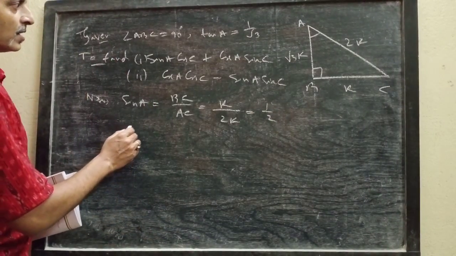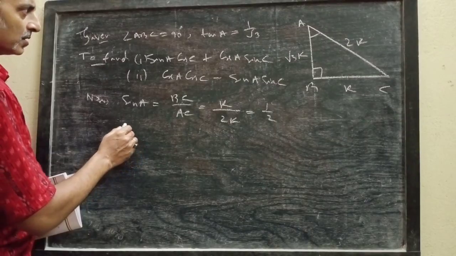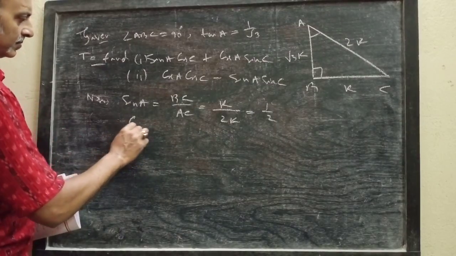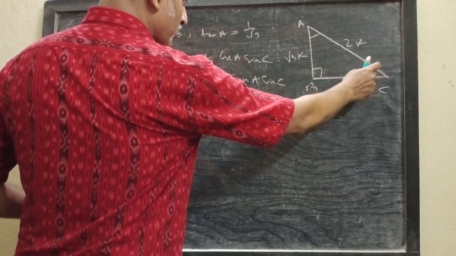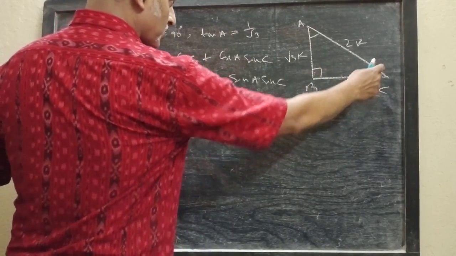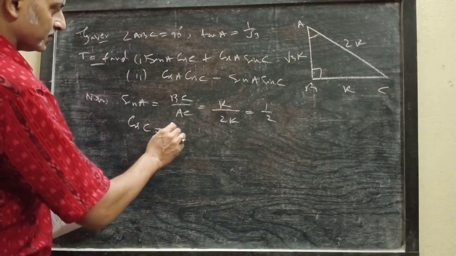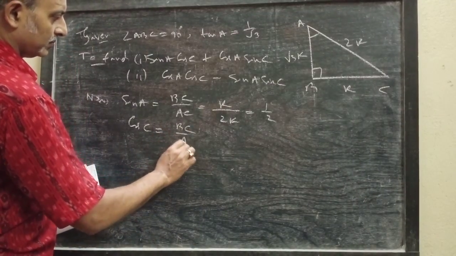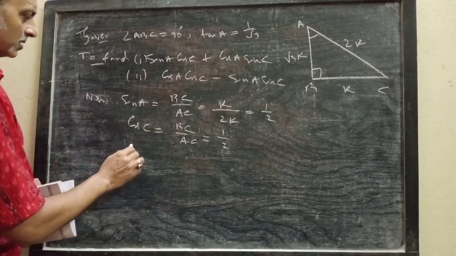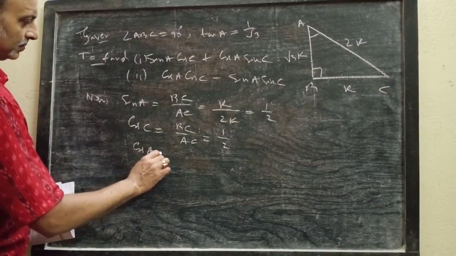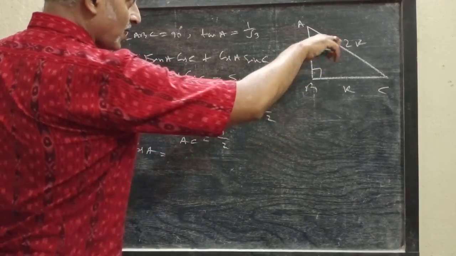Then cos C. Cosine of this angle, with respect to this angle, this is perpendicular, this is base. So cosine of this angle will be BC by AC, same value half. Then cos A. Cosine of this angle will be AB by AC.